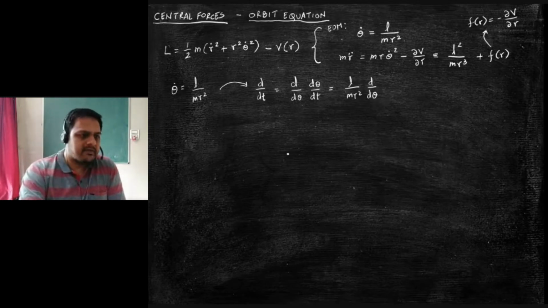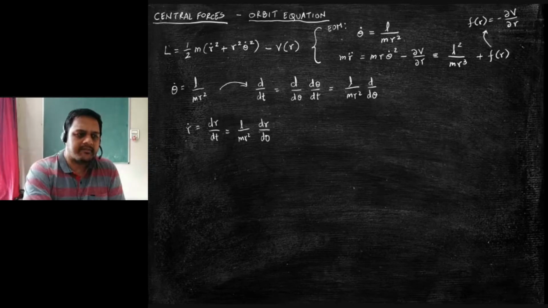Okay. So particularly, for example, what will be r dot? R dot is dr by dt, which can be written as L by mr square dr by d theta.